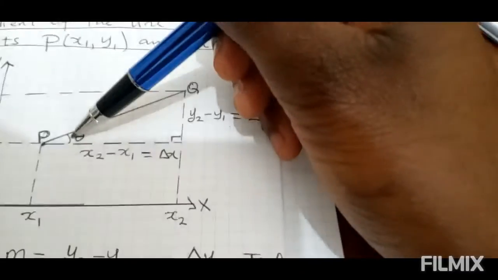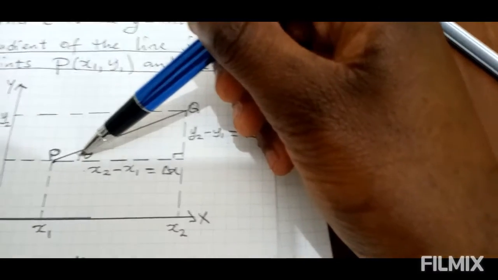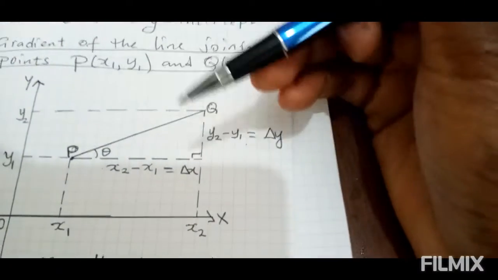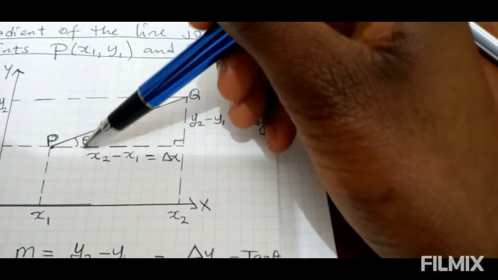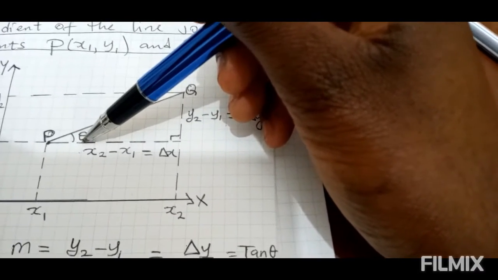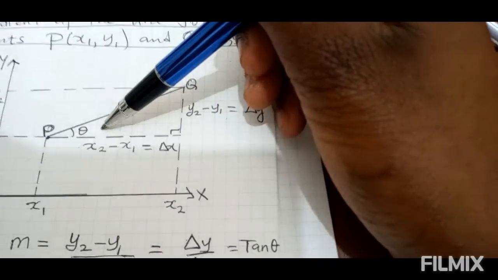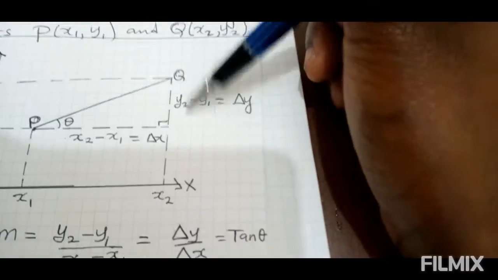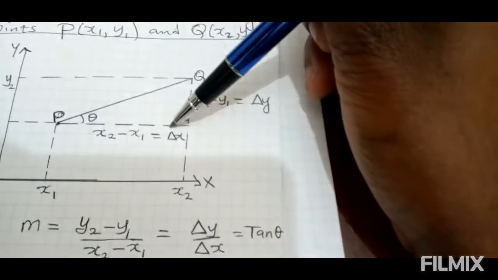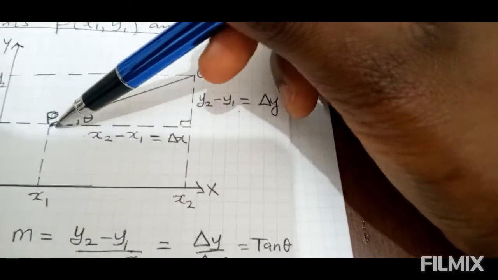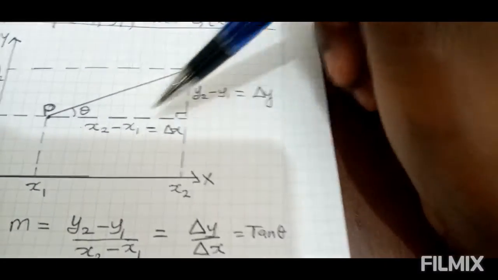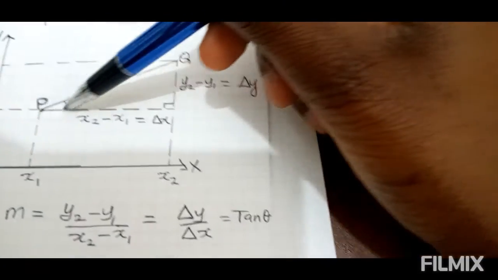So when this angle is 0, it means that there is no gradient. The gradient is 0. Meaning when the tangent of theta is equal to 0, it means there is no gradient. When is this tangent of theta equal to 0? When this line PQ is the same as this line.